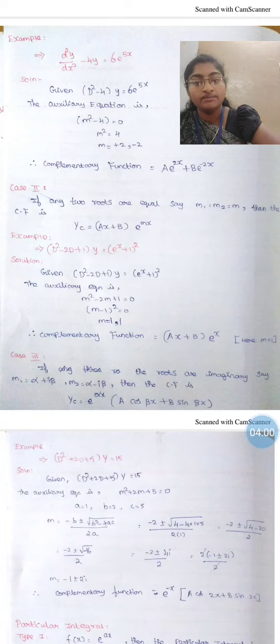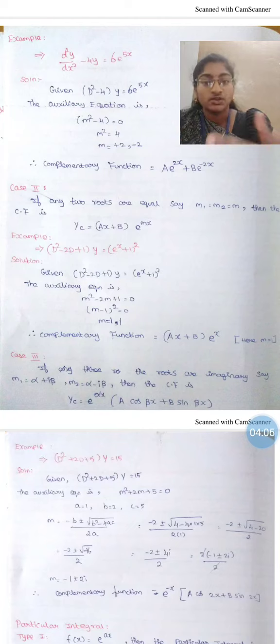See the example: (D^2 - 2D + 1) y = (e^x + 1)^2. In the solution, write the given term as it is. The auxiliary equation becomes m^2 - 2m + 1 = 0.